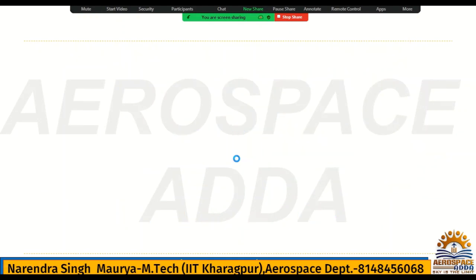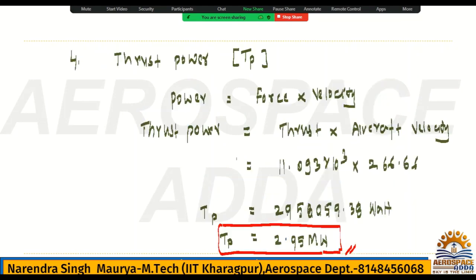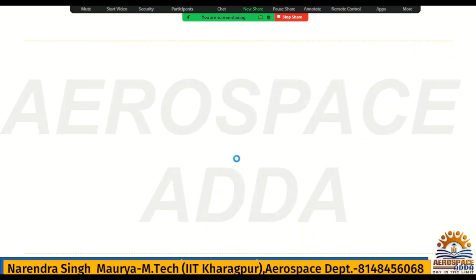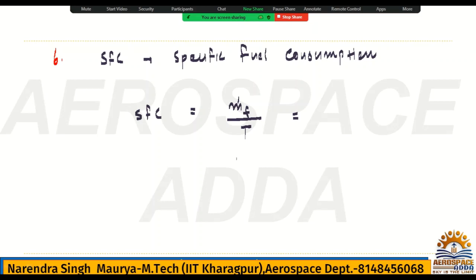Okay, one by one we'll do. What is the thrust? It is 11093. So we can write this value. How to get the mf value? We know the air to fuel ratio, m dot a by m dot f, and in the problem itself it is given as 50. So m dot f will be m dot a divided by 50.